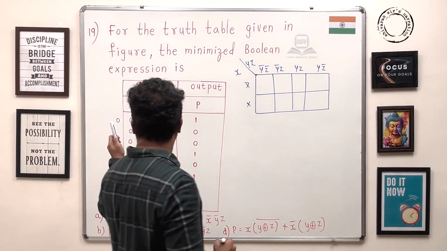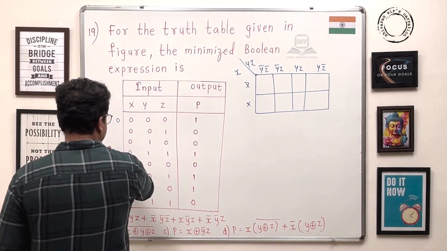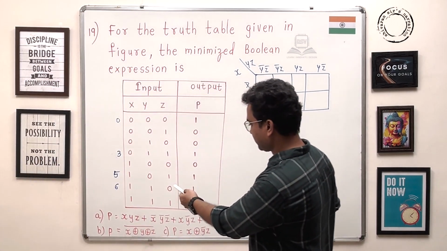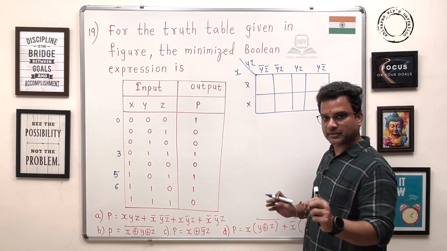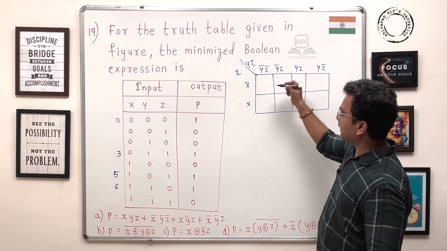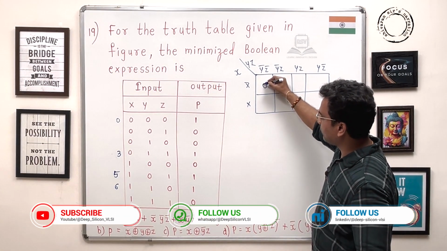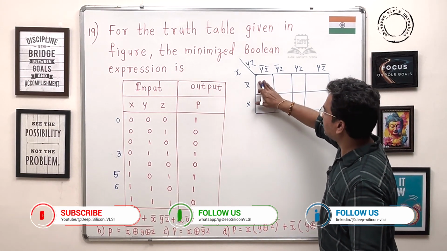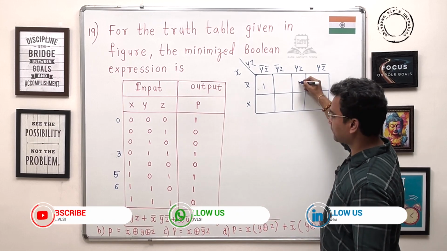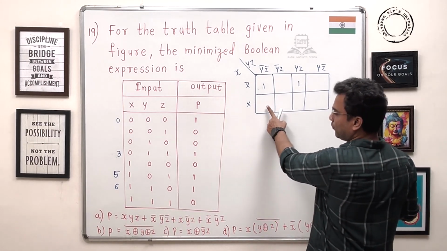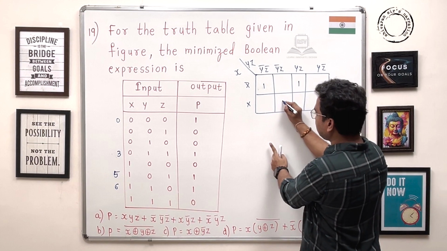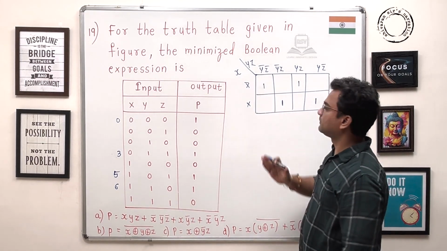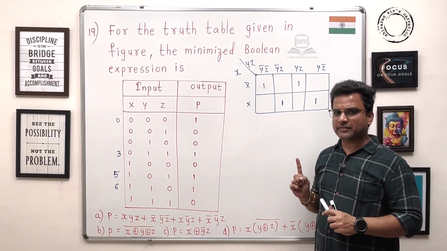Minterms: 0, 3, 5, 6. 0, 3, 5, 6 are the minterms. Fine. If you take them here: 0, 1, 2, 3, again 4, 5, 6, 7.